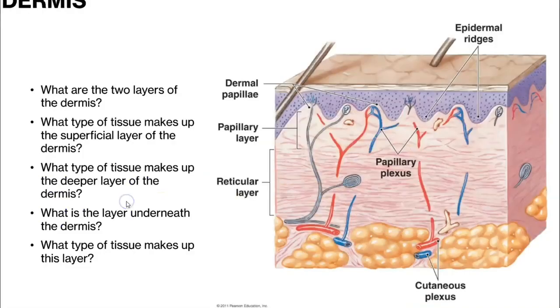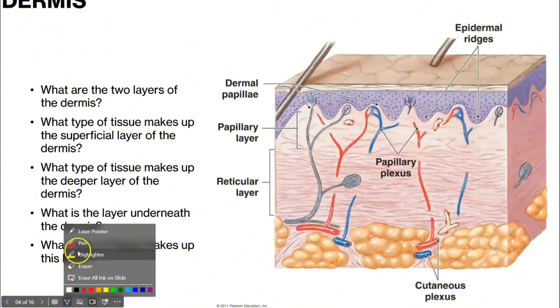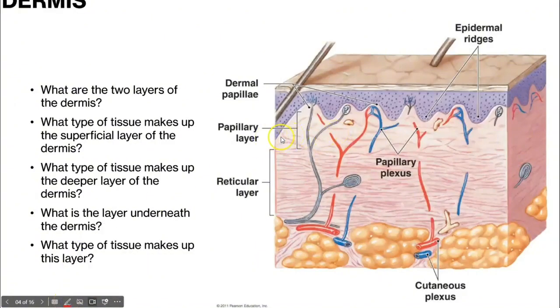Okay, so now we go to the dermis. The second layer of the skin is the dermis. The epidermis is the superficial layer composed of keratinized, stratified squamous epithelium. Then we have the dermis. The dermis is composed of two layers. You have this upper layer that is called the papillary layer.